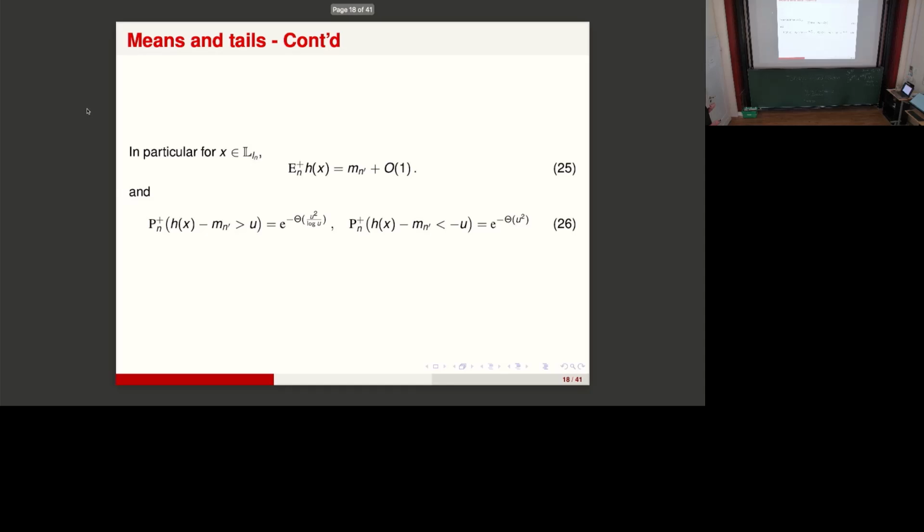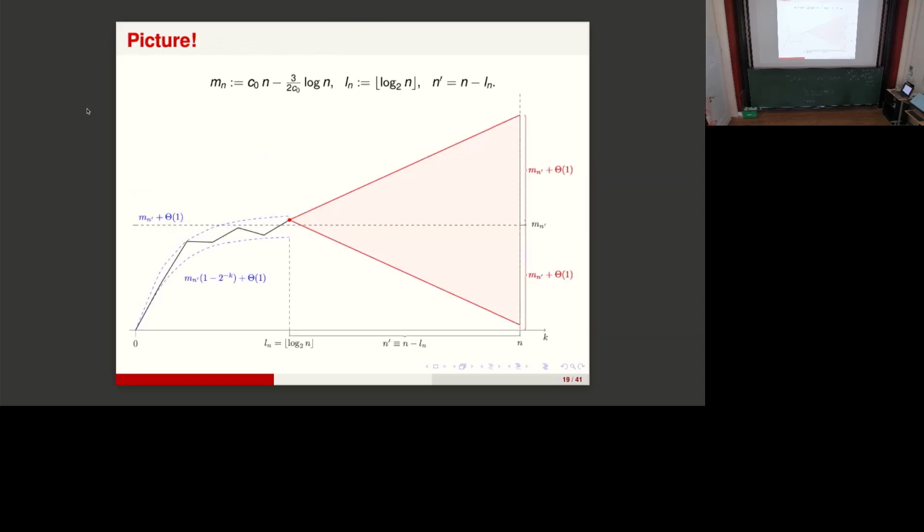In particular, if you plug mn in place of u, you get that if you look at the generation ln, the mean of the field is this mn prime, and there are again Gaussian fluctuations for the lower tail and sub-Gaussian fluctuations of the right tail. And I think I have a picture. Okay, so that would make it clear.